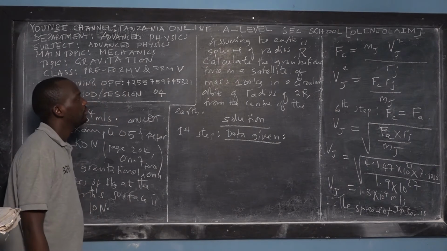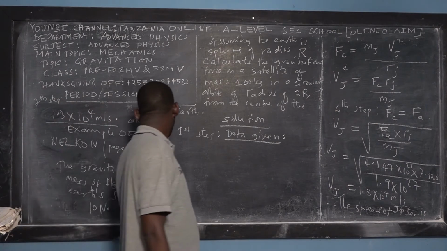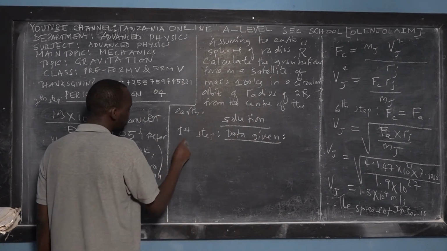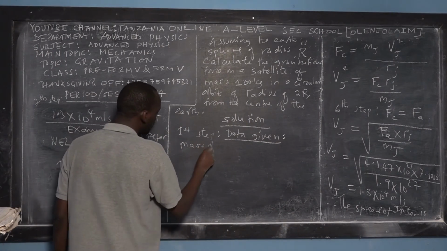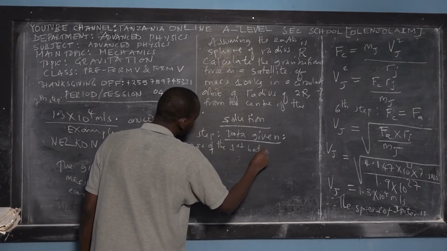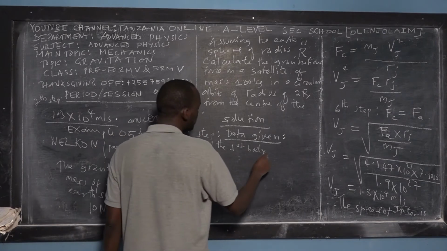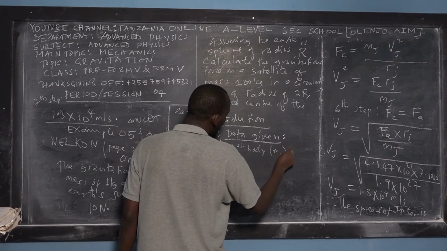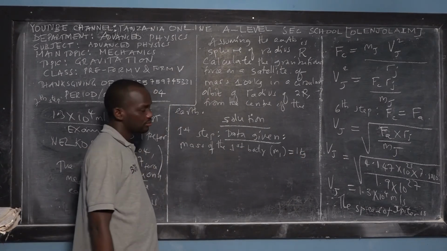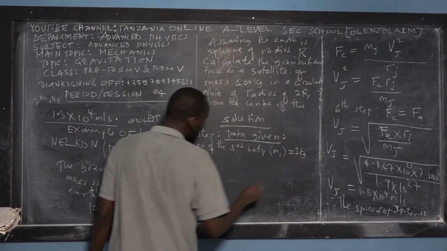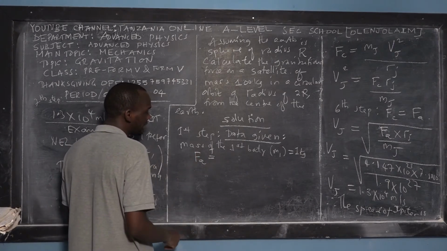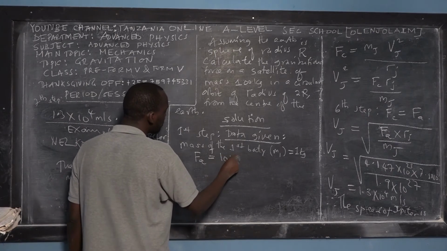You have a body of 1 kilogram, so we say that mass of the first object, M1, is equal to 1 kilogram. And then the force of attraction on that body at the Earth is 10 Newton.